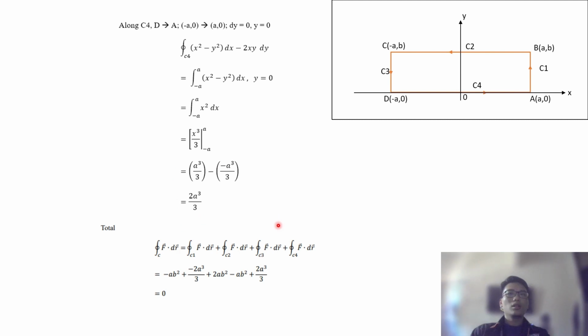So in the end, to calculate the whole boundary region, we total up all the values: negative ab squared, negative a cubed, plus 2ab squared, negative ab squared, plus 2a cubed over 3. So you cancel out this one with this one, and you get this plus become negative 2, and then you cancel out this one. Then in the end, you get 0.